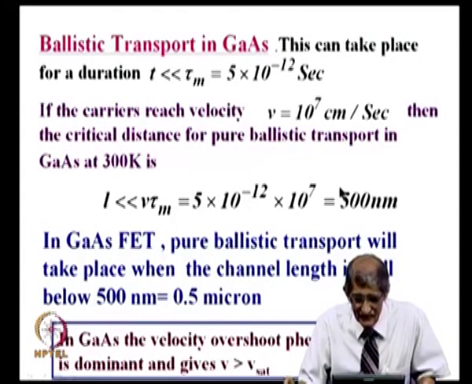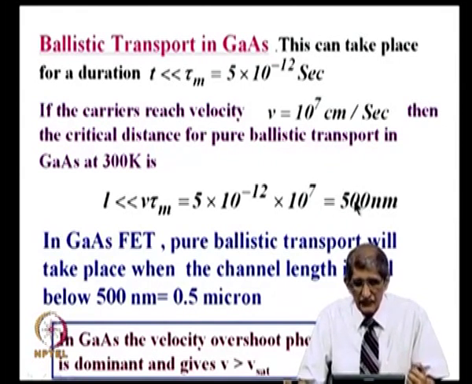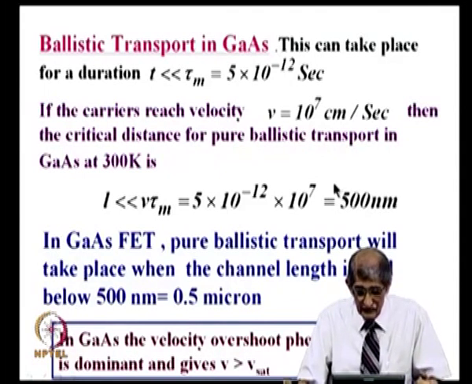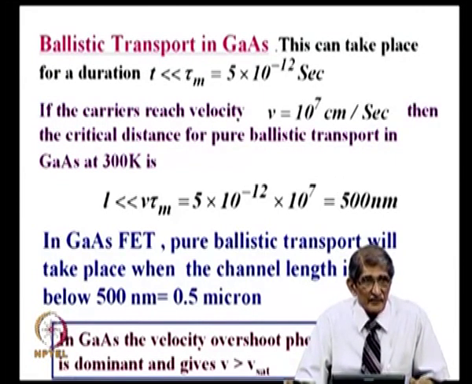What we are telling is, in gallium arsenide, scattering will be absent till it has moved 500 nanometers, 0.5 micrometers. Okay, which would imply that there will be ballistic transport in channel lengths of 0.5 microns.